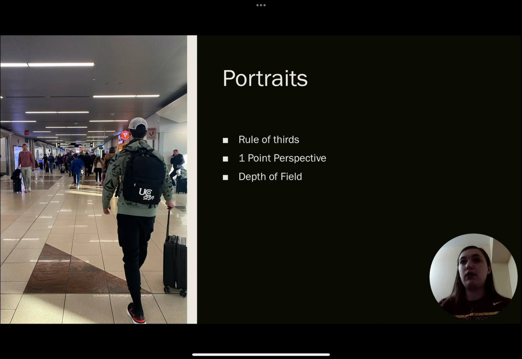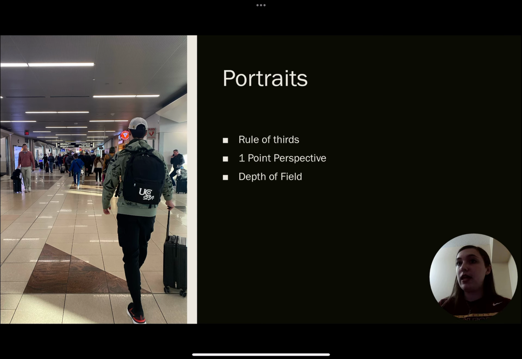This is also an example of 1 point perspective, so we are only focused on the length of the hallway here. This is another great way to show depth of field as well. Instead of putting into focus the person in the foreground and blurring out the people in the background, there is just space in between the two, which helps there to be a size comparison so that we can see that the person in the foreground is closer because they're larger versus the people in the background being farther away because they're smaller.